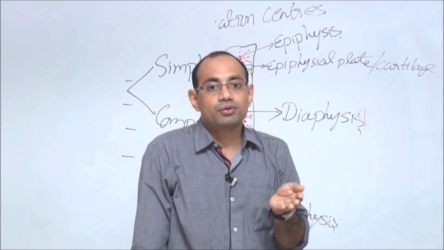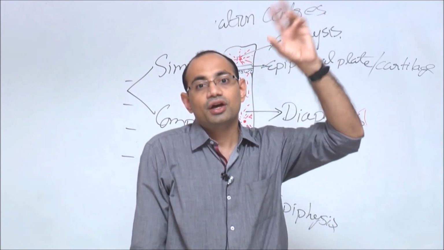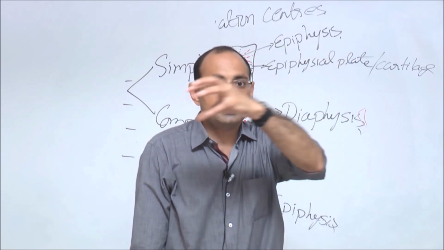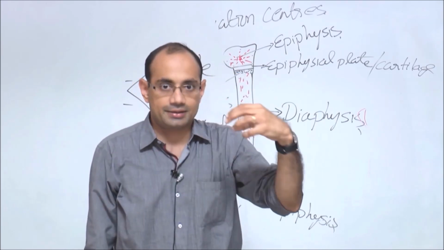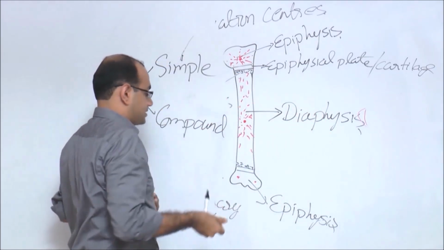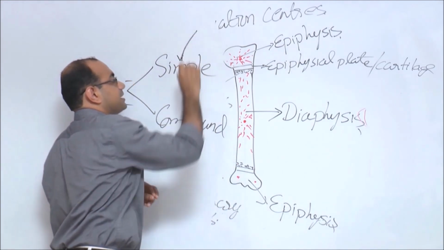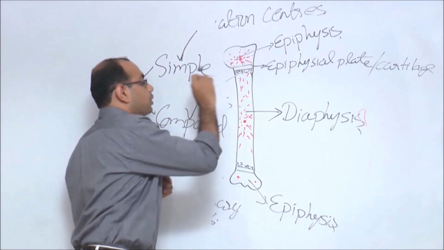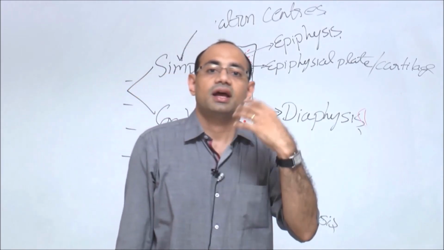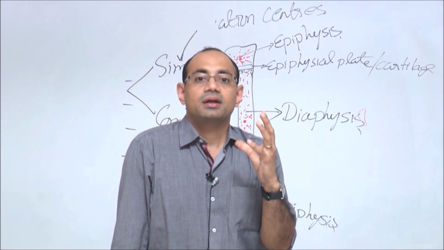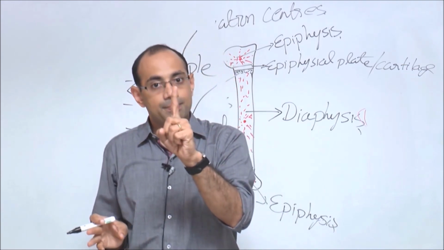An example would be the upper end of the femur, where you have the head of the femur and the trochanters, with various epiphyses there. That is called a simple epiphysis, where each epiphysis has a separate epiphyseal plate and fuses there. When you say compound epiphysis, again it is an end of a bone where you have multiple epiphyses, but there is only a single epiphyseal plate.